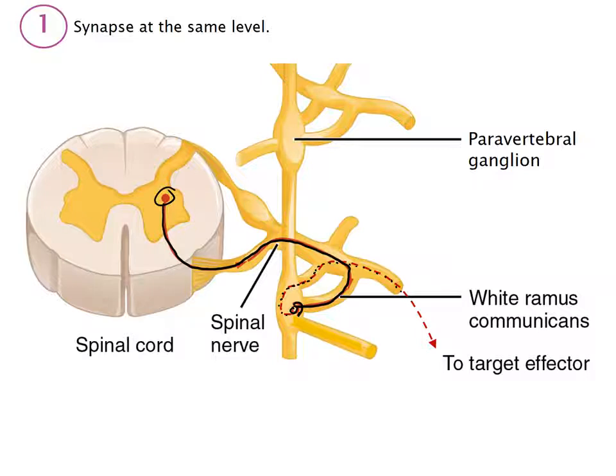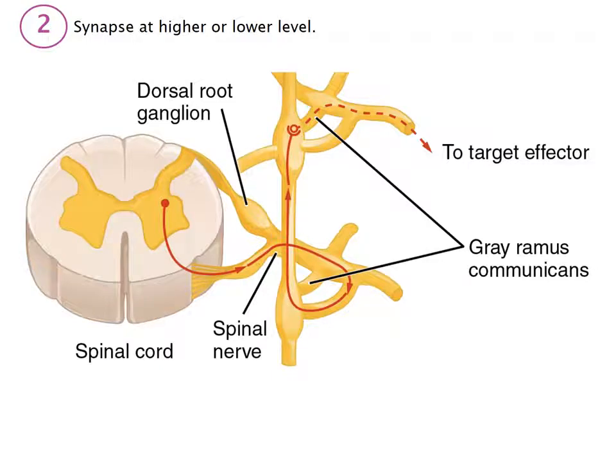This is the gray rami communicans. And this is the ventral ramus. Once in the ventral ramus, the postganglionic fiber is conveyed to the target tissue.